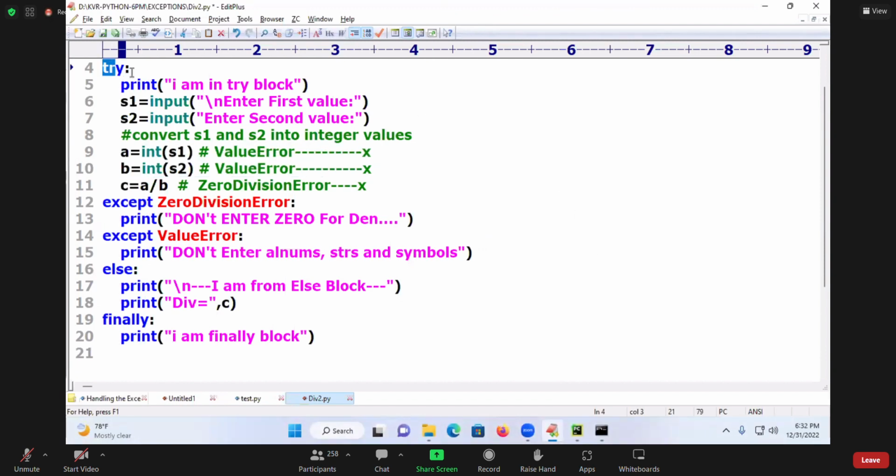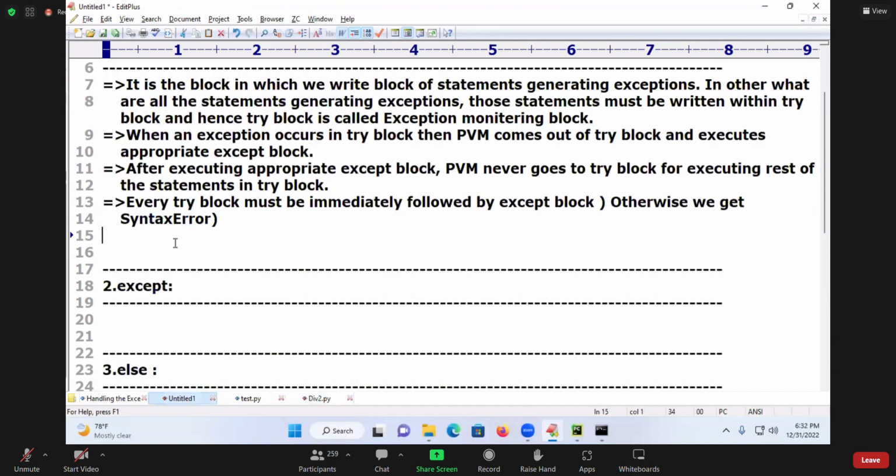The program simply exits and generates a technical error message. That means once I write a try block, the minimum number of except blocks to be written is 1, and you can write many more. But the minimum is 1.